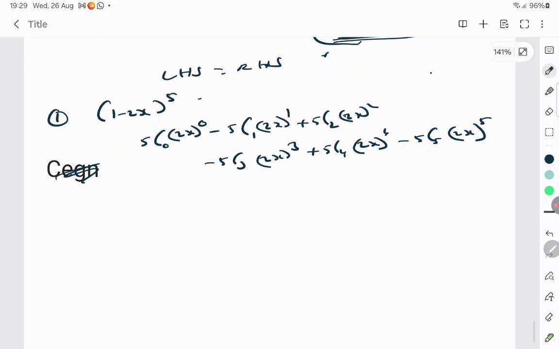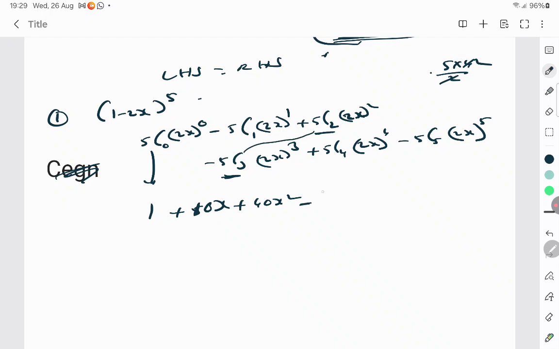So let's find what this is. 5C0 is 1. Any number to the power 0 is also 1. 5C1 is 5 into 2x, which is just 10x. Plus 5C2, you know, is 5 into 4 by 2, that is 10, into 2x the whole square, 10 fours are 40, into x square. Minus 5C3 is the same as 5C2 because nCr is the same as nC(n minus r). So 5 twos are 10, but this is 2 to the power 3, 8, so 80 into x to the power 3.